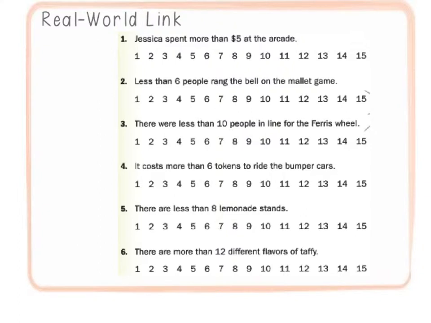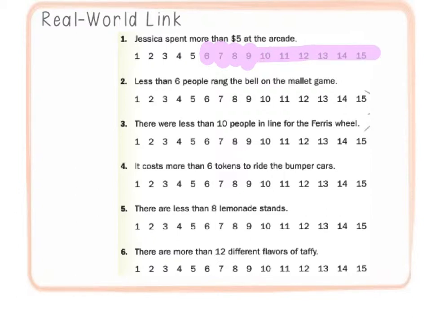Okay, so for inequalities, you can relate them to real-world situations. The first one: Jessica spent more than $5 at the arcade. I have numbers 1 through 15 here. These numbers could go on forever, but this is just an example. If she spent more than $5, she could have spent 6, because that's more than 5, 7, 8, 9, all the way up to 15.